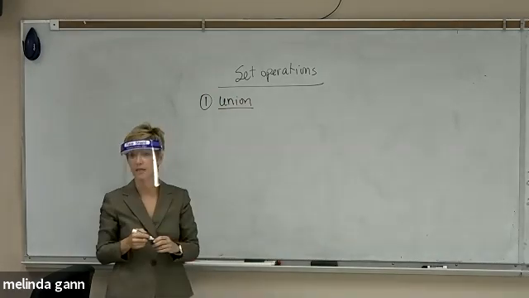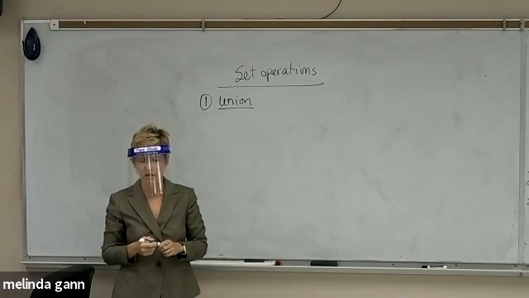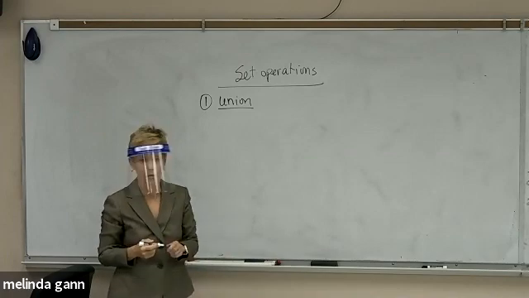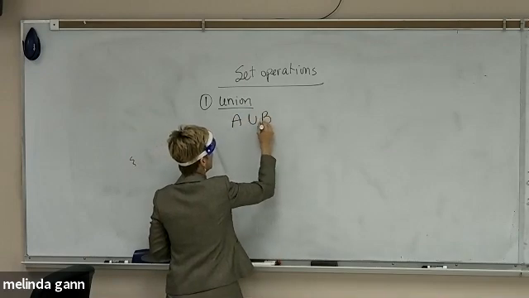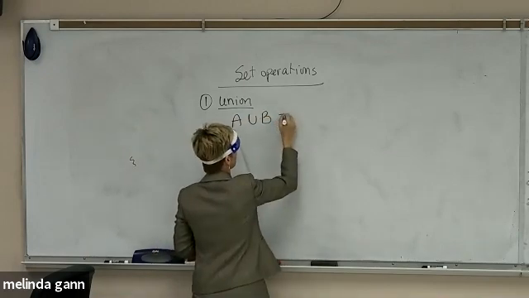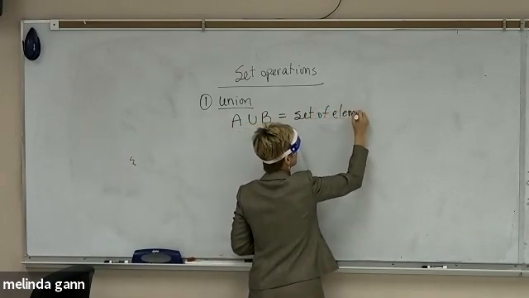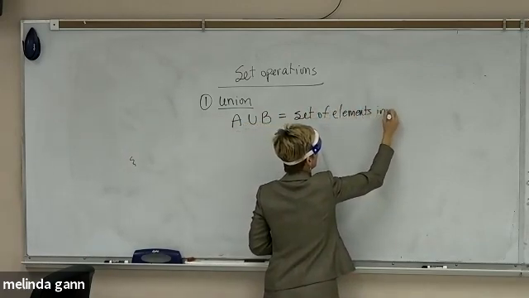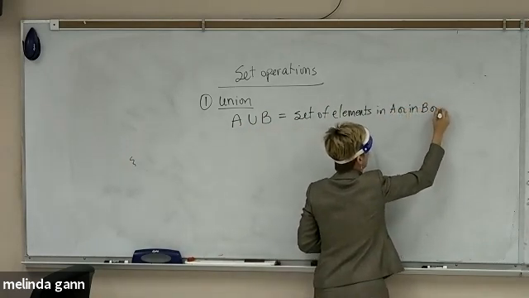You can union sets. And the symbol for union is a U. Okay? So, A union B is the set of elements in A or in B or in both.